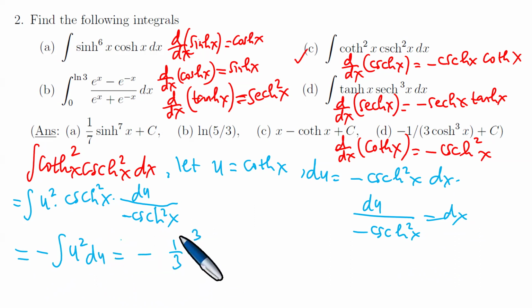You add 1 to the 2, you divide by 2 plus 1. And then you add c this time around, because we have no limits of integration. This kind of integral is what you call an indefinite integral.